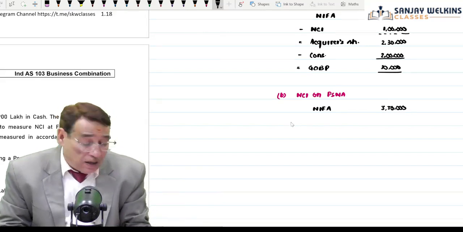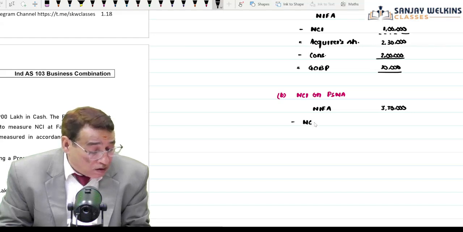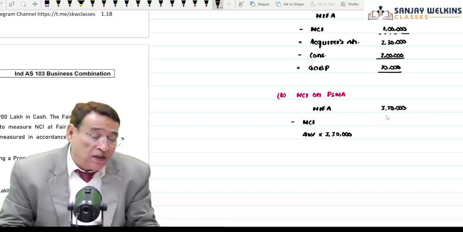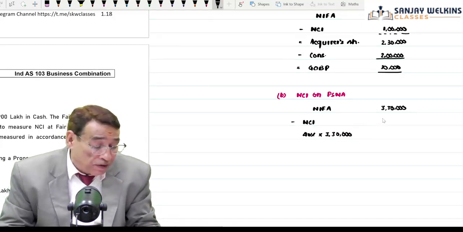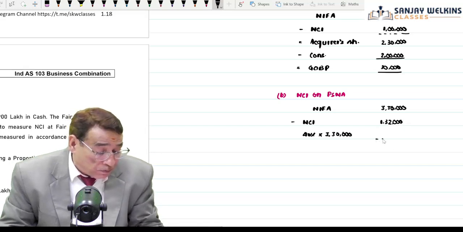Correct? And I am going to subtract NCI. The share of NCI is 40% of 3,30,000. So 40% of this is equal to 1,32,000. So NCI on PSNA basis will be equal to 1,32,000.